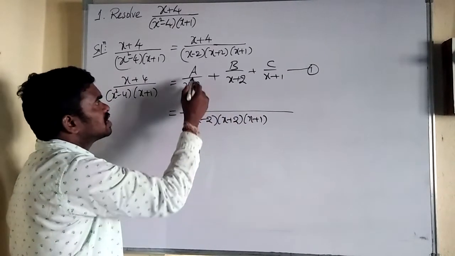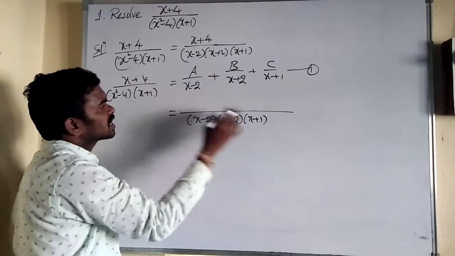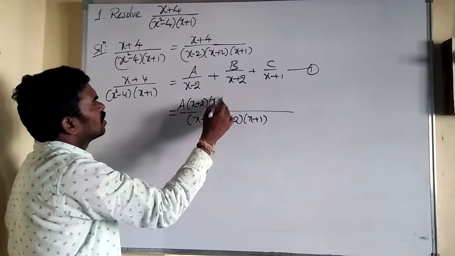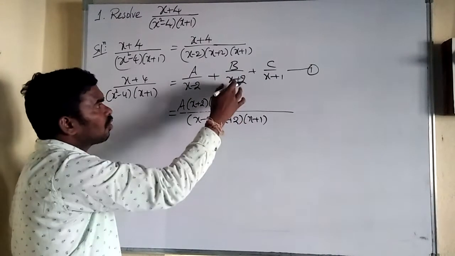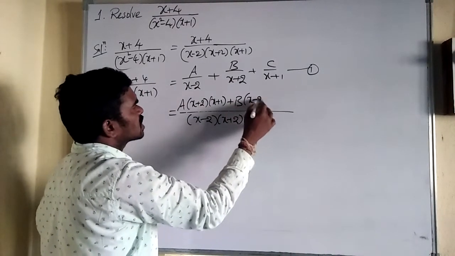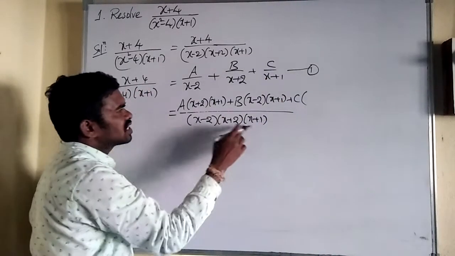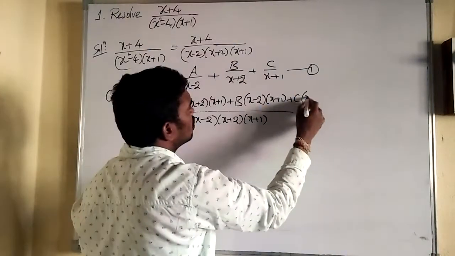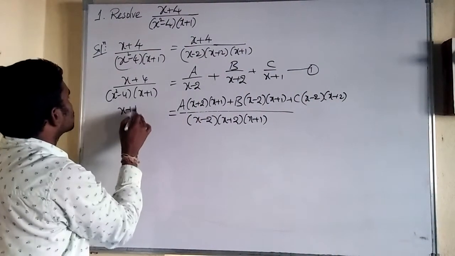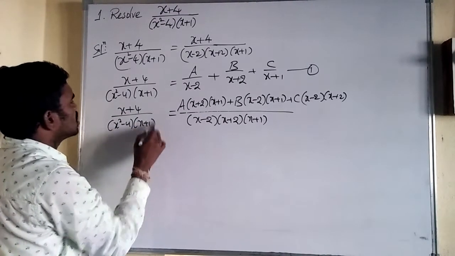And numerator: for A, already x − 2 is there, so A into (x + 2)(x + 1), and plus for B, already x + 2 is there, so the remaining two terms we can write for B, (x − 2)(x + 1), and plus C into, x + 1 is already there, remaining (x − 2)(x + 2). So which is called (x + 4) / ((x² − 4)(x + 1)) is equal.